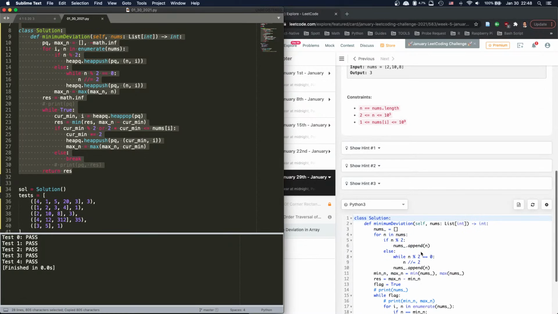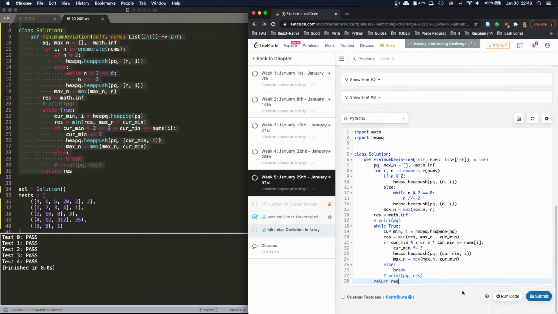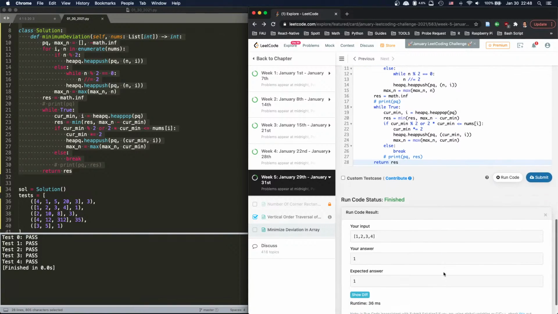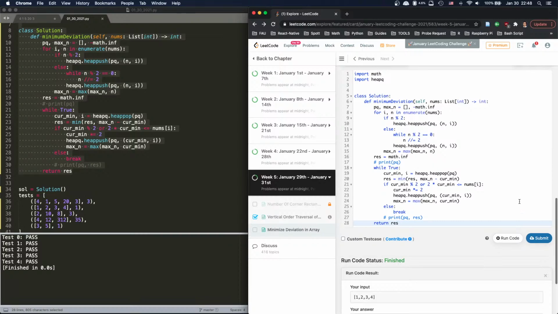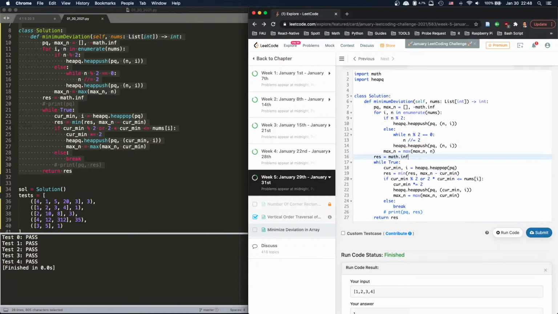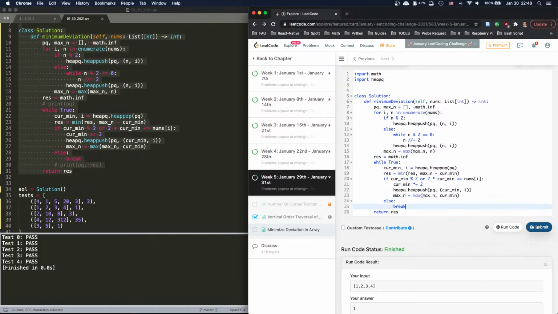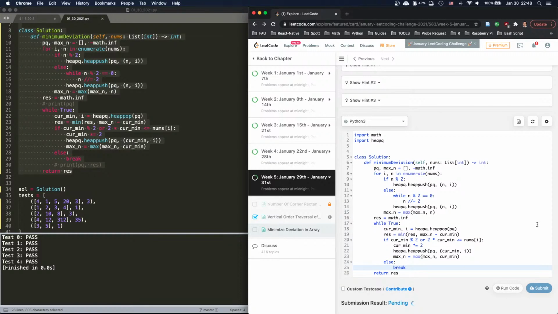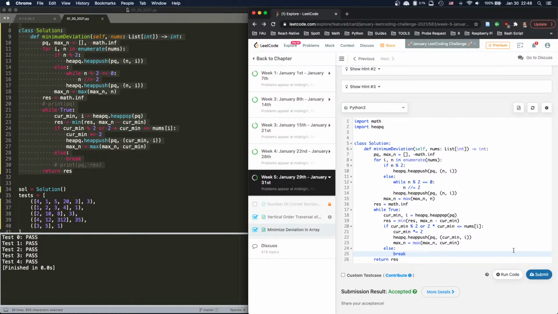Actually, I don't have any cover. So only this line, submit, 13. Yes! Yes! We finally got it.